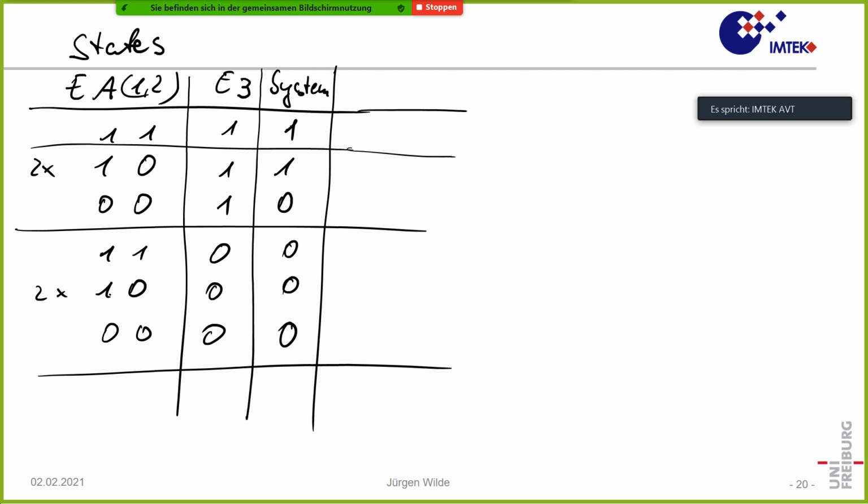Can you give probabilities of the individual states? I put this a little closer.